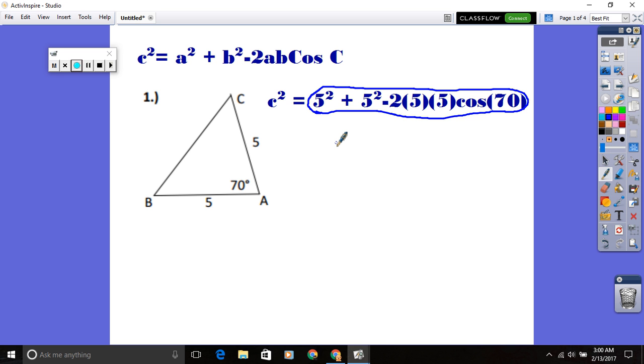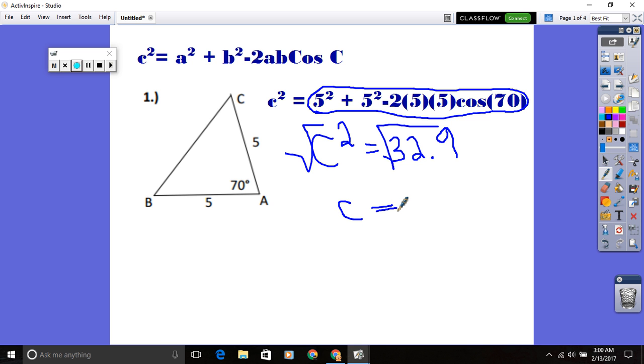I'm going to go ahead and round it, 32.9. So c squared equals 32.9. And I am looking just for c, so I'm going to square root both sides, which makes c equal to 5.7.